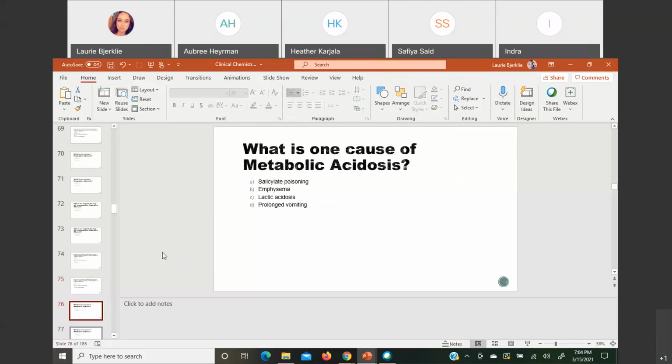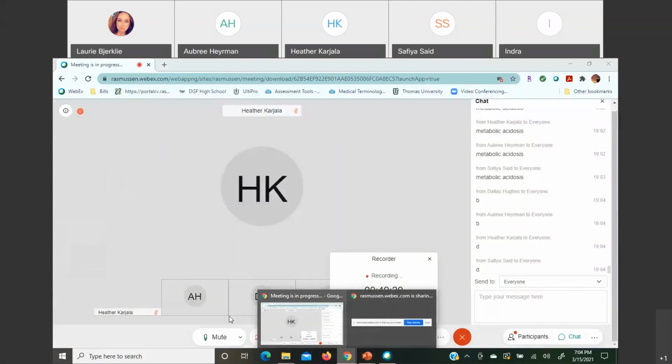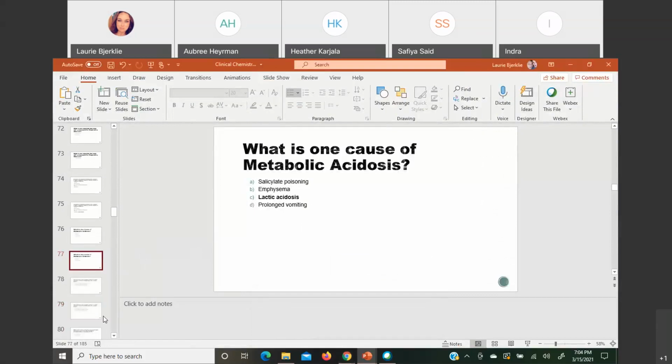All right, so what is a cause of metabolic acidosis? Okay, I see a few answers. We already know that salicylate poisoning was respiratory alkalosis, so we can rule that out.